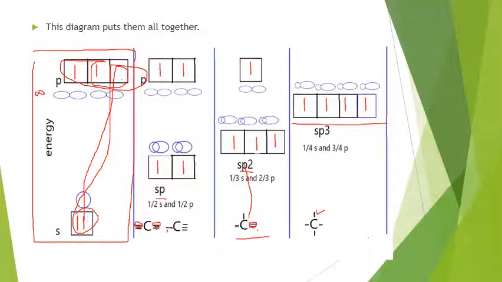So if you have 4 single bonds, it's a sigma, I mean an sp3 hybrid. Now, we're just basically giving an introduction to this. If you go into organic chemistry, you will be getting this again and in a lot more detail.